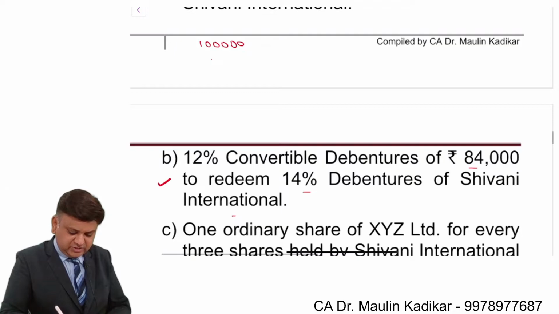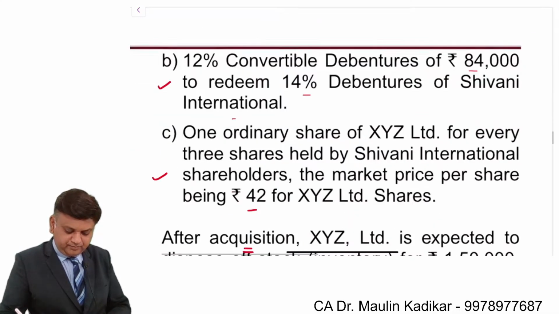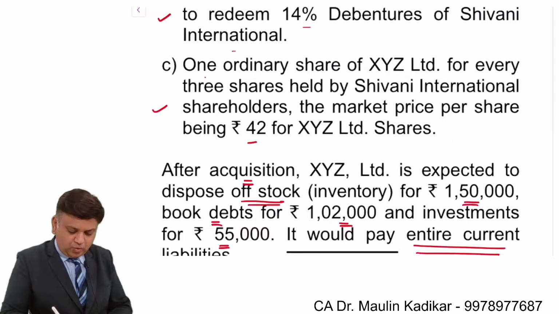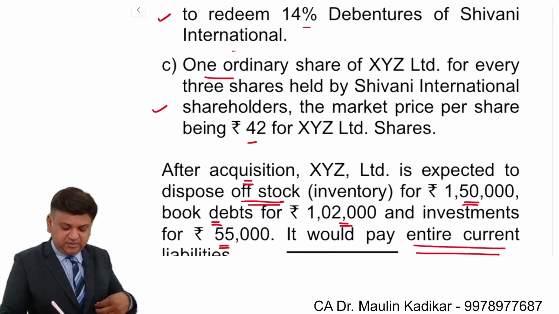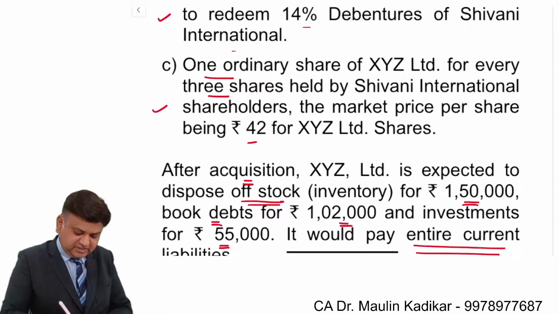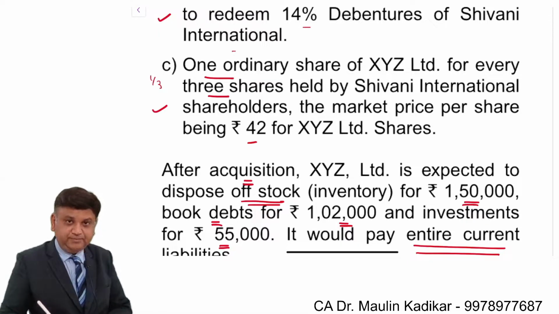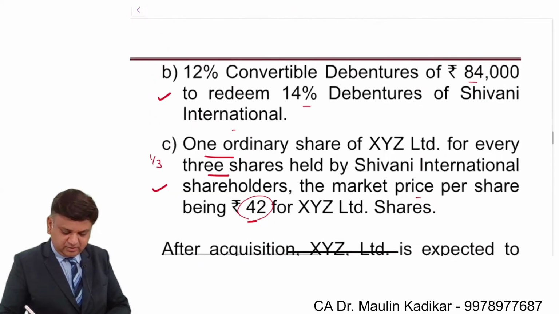So this is again cash outflow. Next, 1 ordinary share of XYZ for every 3 shares held by Shivani International. So what is the exchange ratio? 1 by 3. The market price per share is rupees 42.